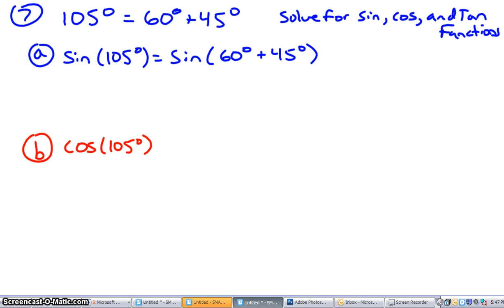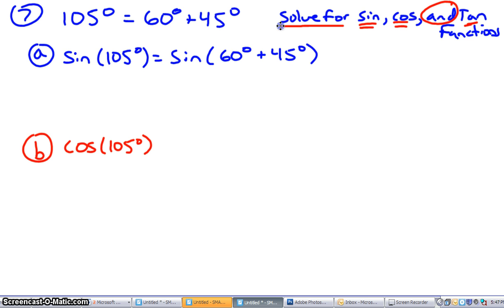Continuing on this page, number 7 says for 105 degrees, split up as a sum of 60 degrees and 45 degrees, solve for sine, cosine, and tangent. Now the key word was and. So for each one of these we're going to need to solve for 3 different functions.